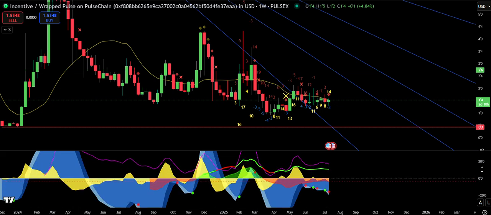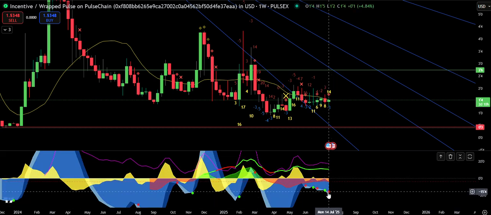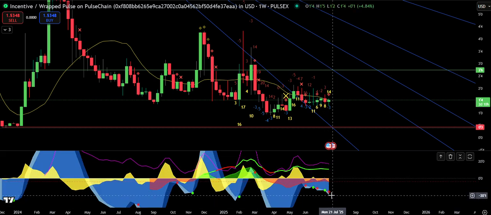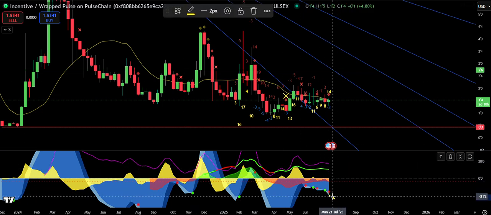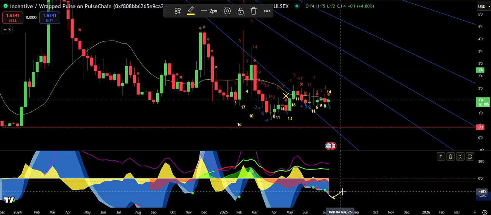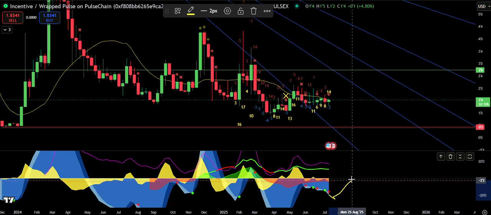The weekly has got a red dot on it that can be invalidated pretty quickly, beginning Monday. On Monday a new candle will open, that'll put us here. So on Monday this new candle will open, it'll jump the price to here, and then this could start curving round. That's what we're looking for.